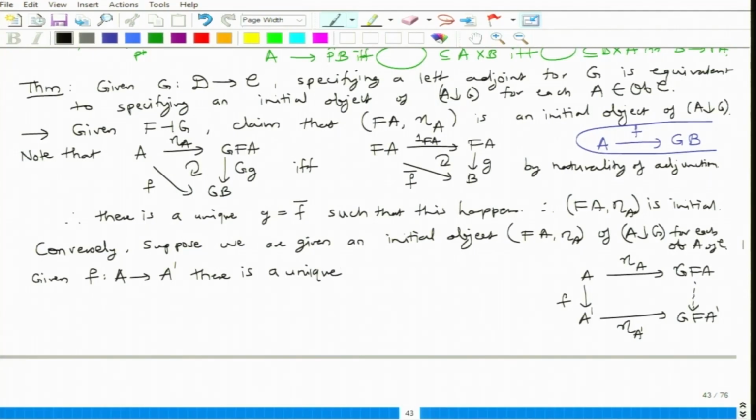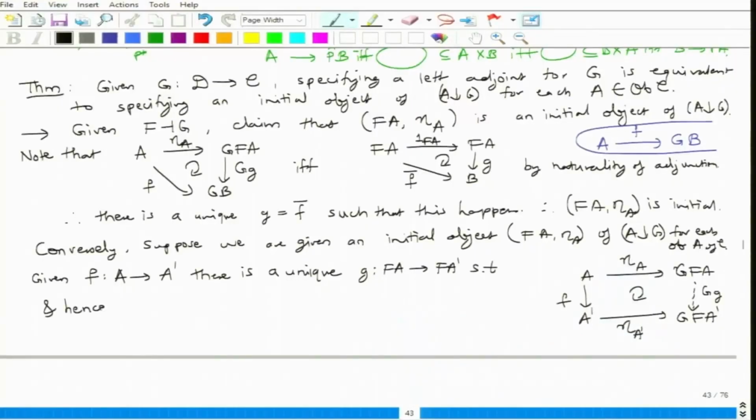It has to be a morphism from FA to FA prime. Okay, there is a unique G from FA to FA prime such that this diagram commutes where I put G over here, because every morphism in the arrow category is a morphism in the domain category. Okay, such that this diagram commutes.